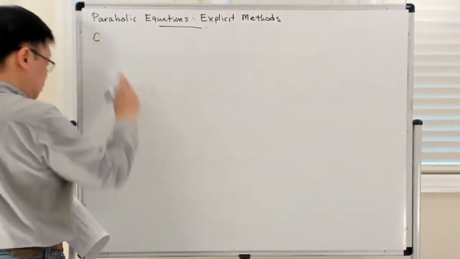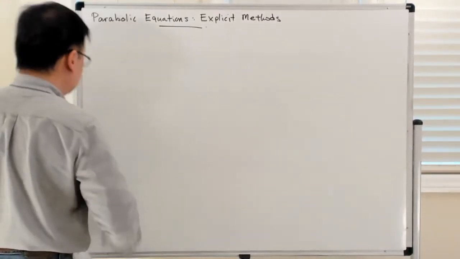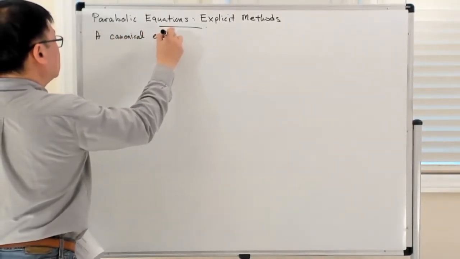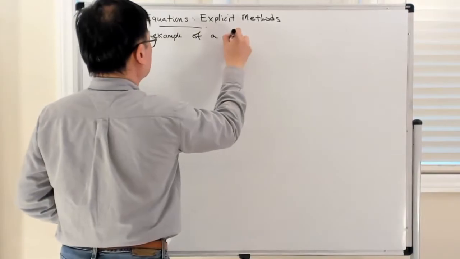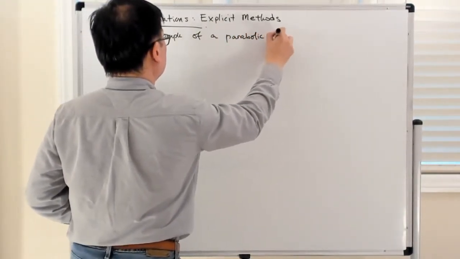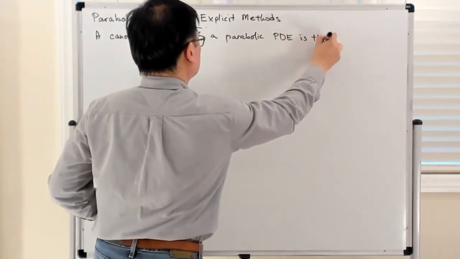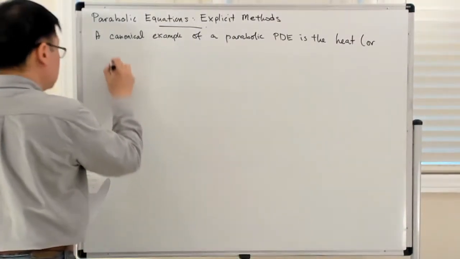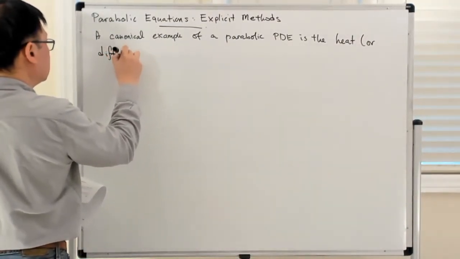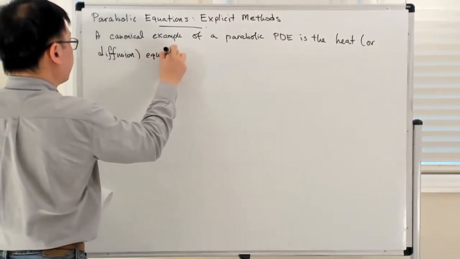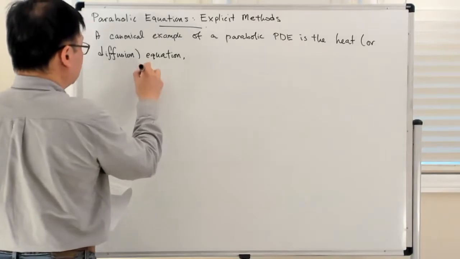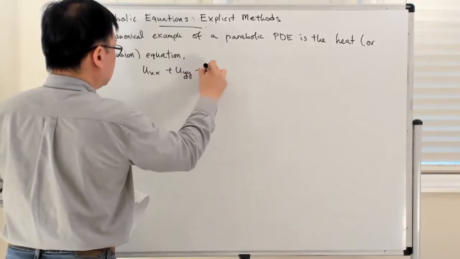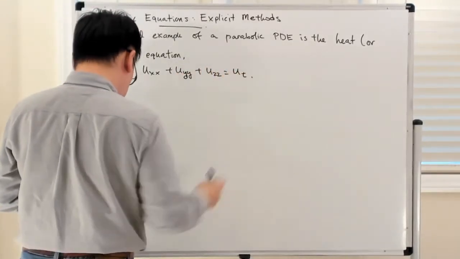A canonical example of a parabolic PDE is the heat equation, or diffusion equation, which looks something like u_xx plus u_yy plus u_zz is equal to u_t.